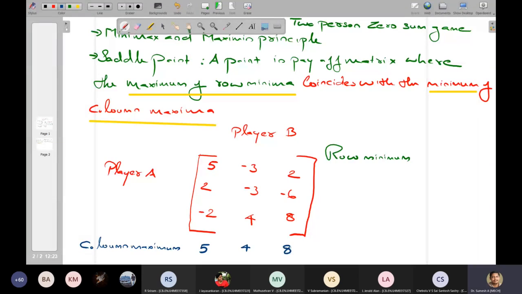So which approach are we following? That is maximin. Am I right? The maximin approach we are following for the row operation.